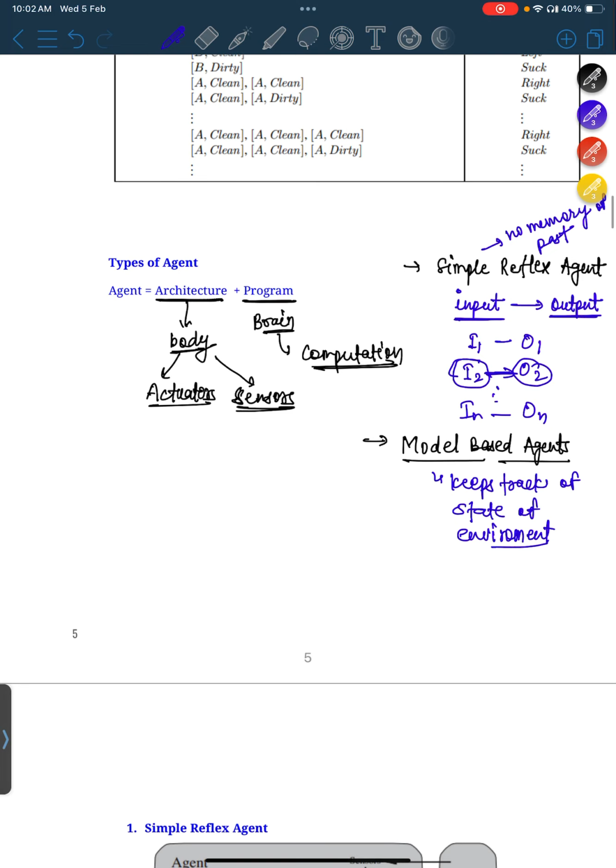So इसमें it takes the model plus the current input. Based on these two things it will take the output.